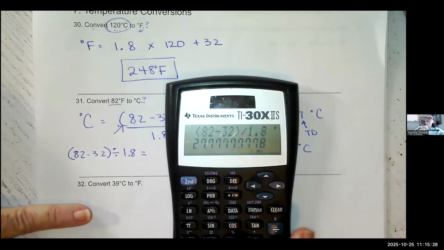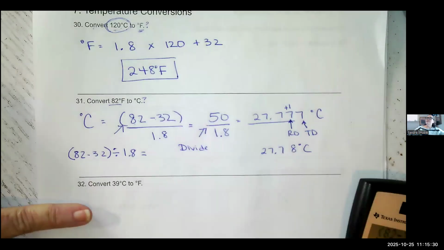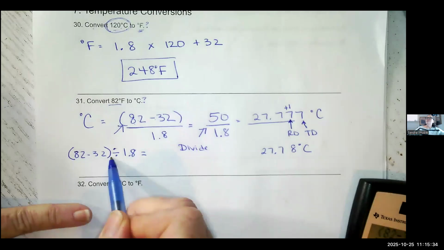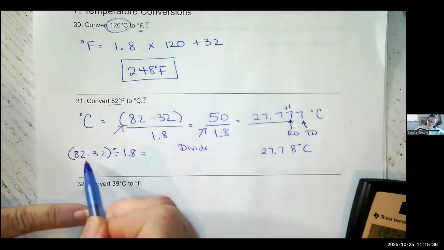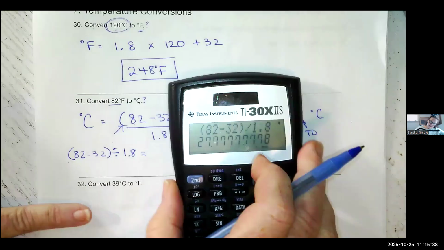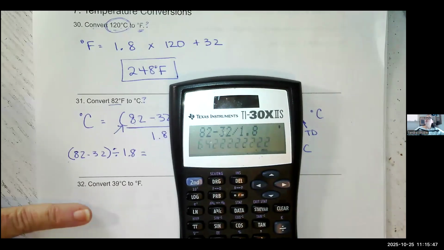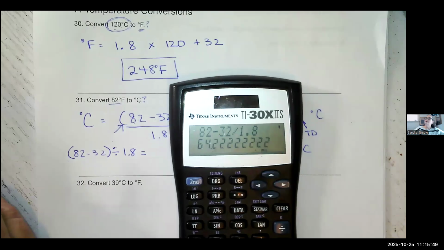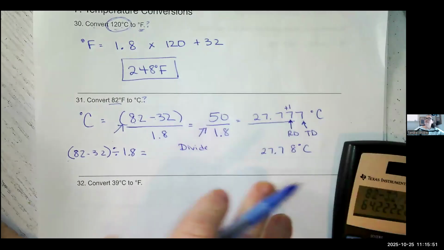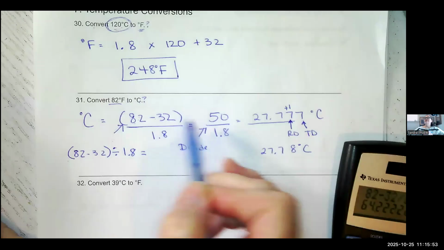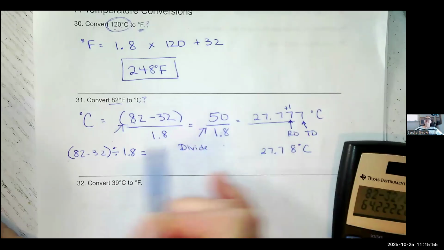If you forget or struggle to put in these parentheses, it's not going to work. If you just put in 82 minus 32 divided by 1.8 without the parentheses, as many of you will try, you're going to get the wrong answer. So you only have two options here. Do the top, then divide, or put your parentheses in. That's it.